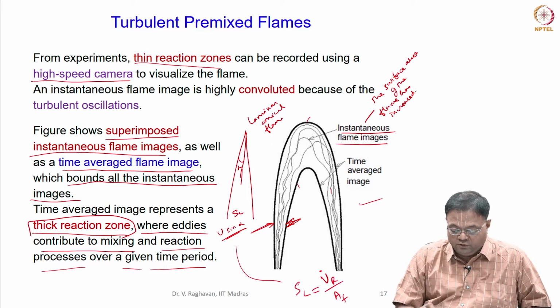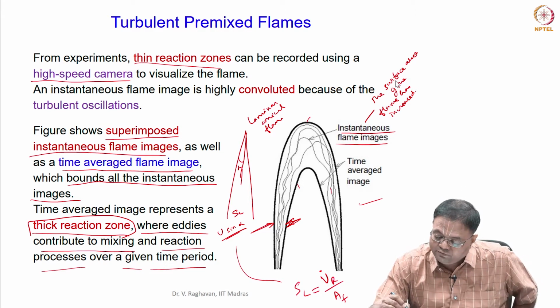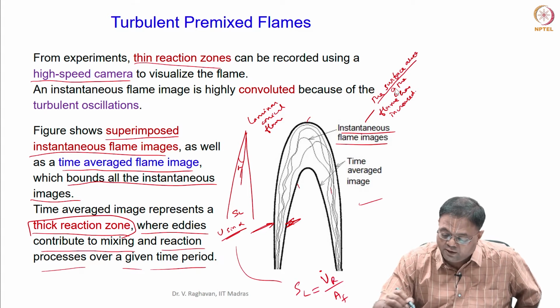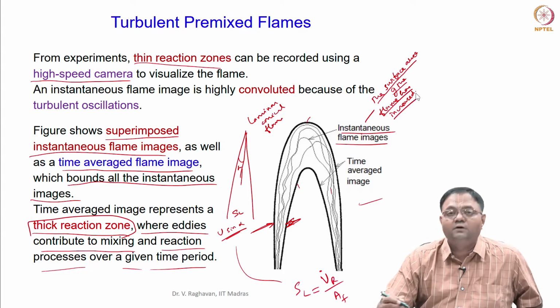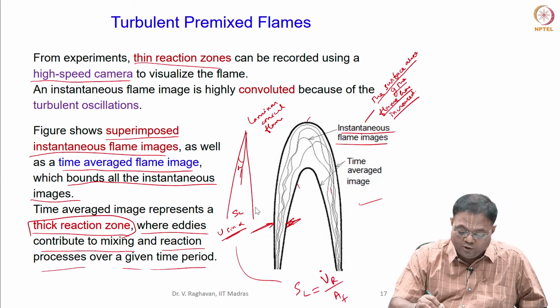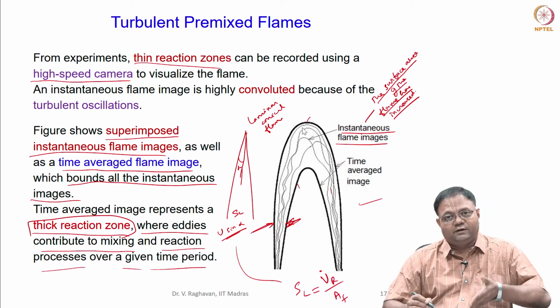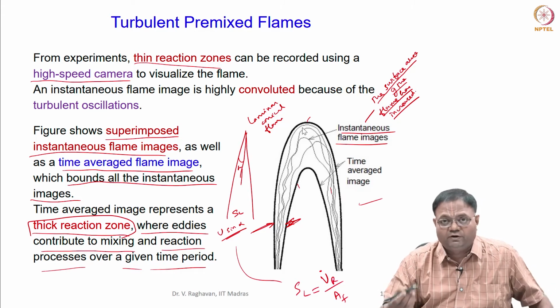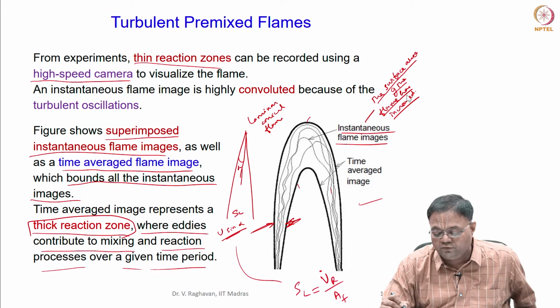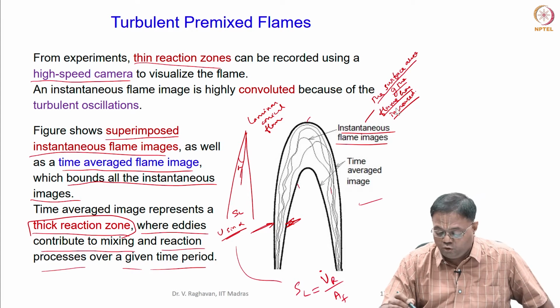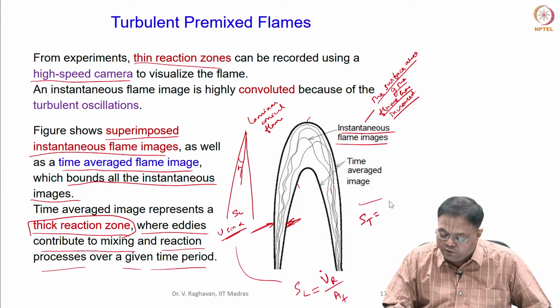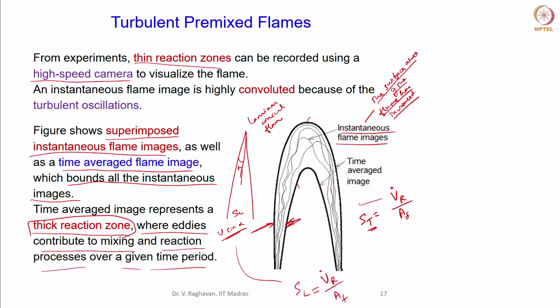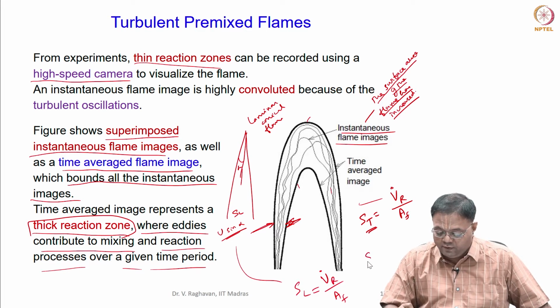Here also we can see that the surface area in this turbulent case has increased significantly. The conical surface has become wavy and enlarged, so effectively the surface area of the flame has increased several times. So the turbulent flame speed ST will be equal to the volumetric flow rate of the reactant divided by the surface area of the flame. Now we can see that ST will be much greater than SL.